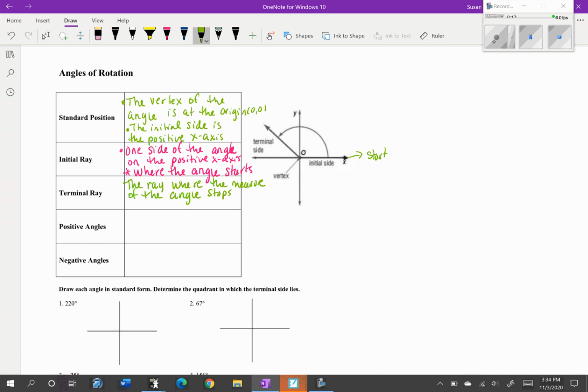So this can be anywhere. So if this is our starting ray and this is our terminal ray, then this measurement from here to here, which I'll call theta, that would be our terminal ray. So this is where we stop. And that gives us from here to here the angle measurement in which we have moved. So positive angles always go counterclockwise.